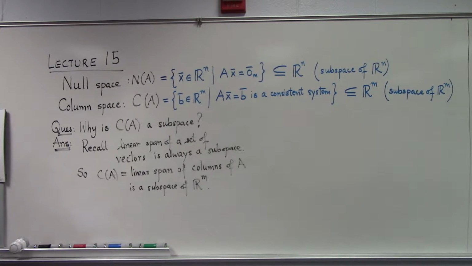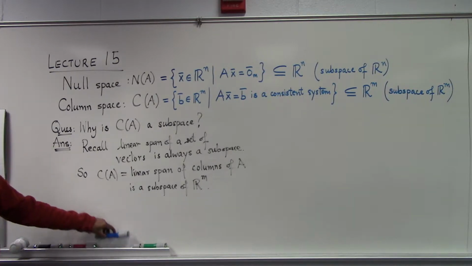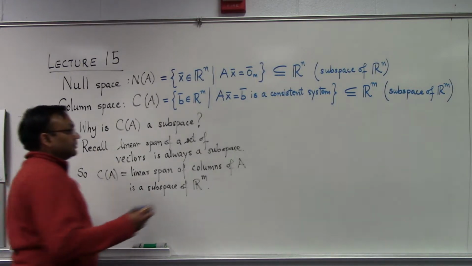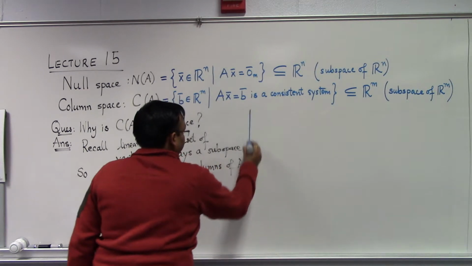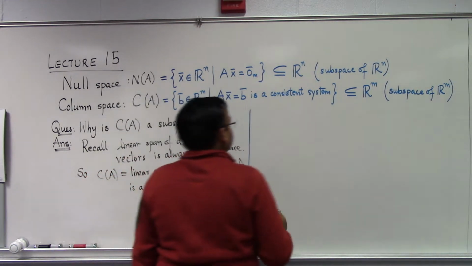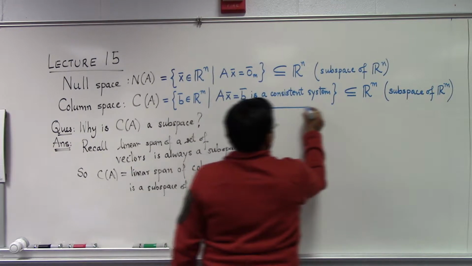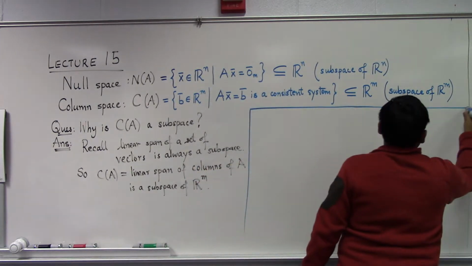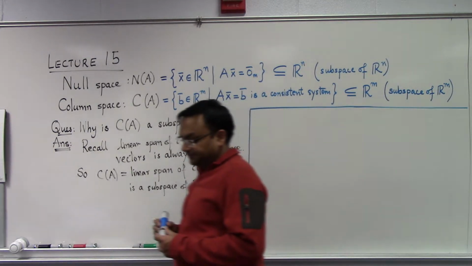So question is, where do we go from here? We will first try to figure out how to compute the column space of a matrix, and then we will try to deal with other stuff regarding the column space. Okay.